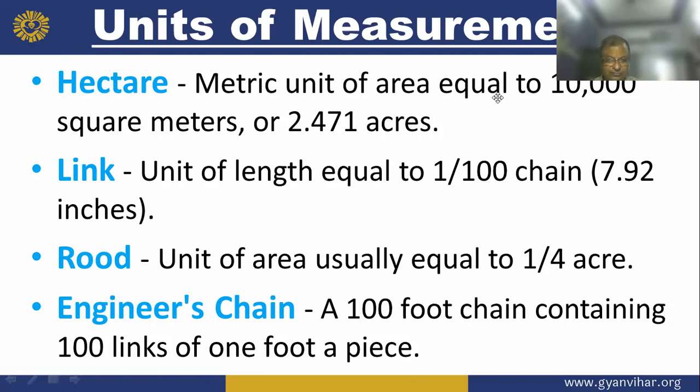Now the rod is a unit usually equal to 16.5 feet, and an engineer's chain is equal to 100 feet, and a 100-foot chain contains 100 links of 1 foot each.